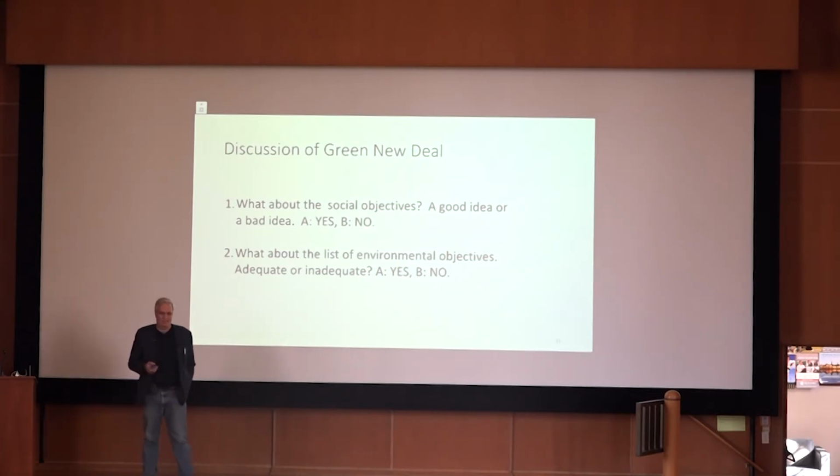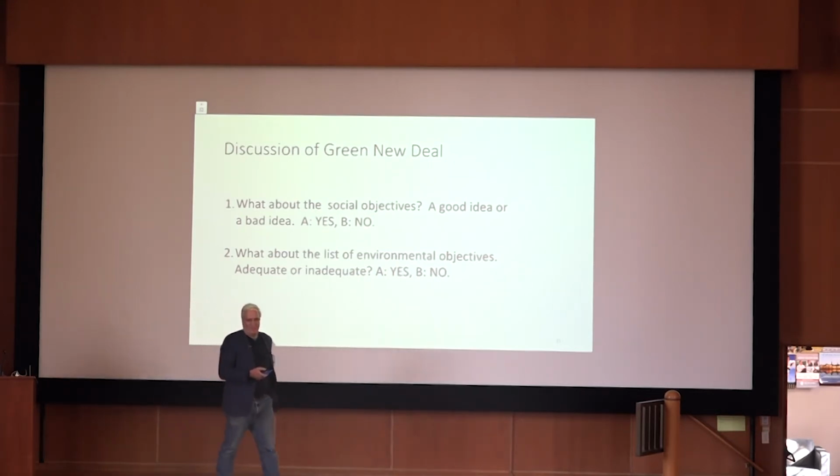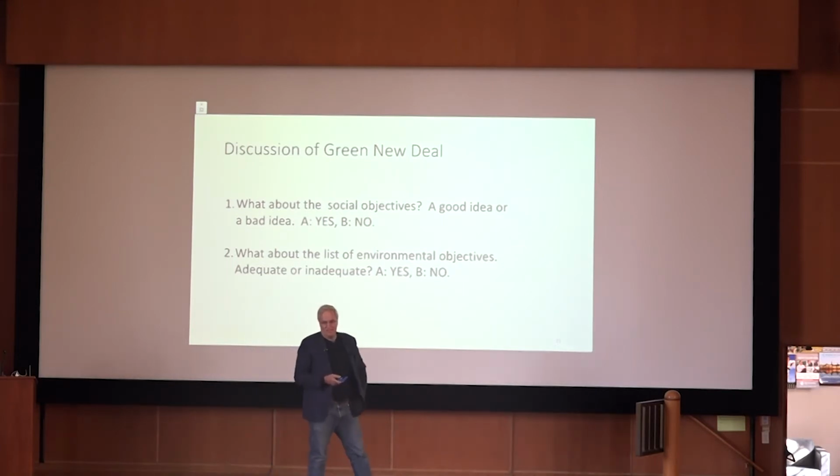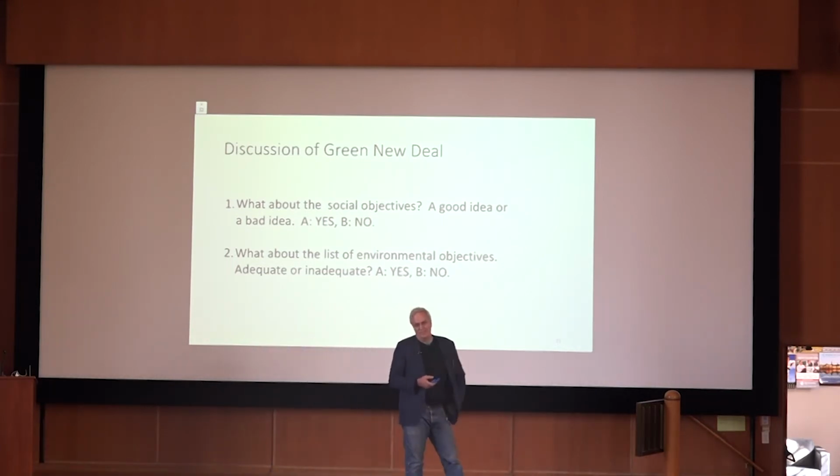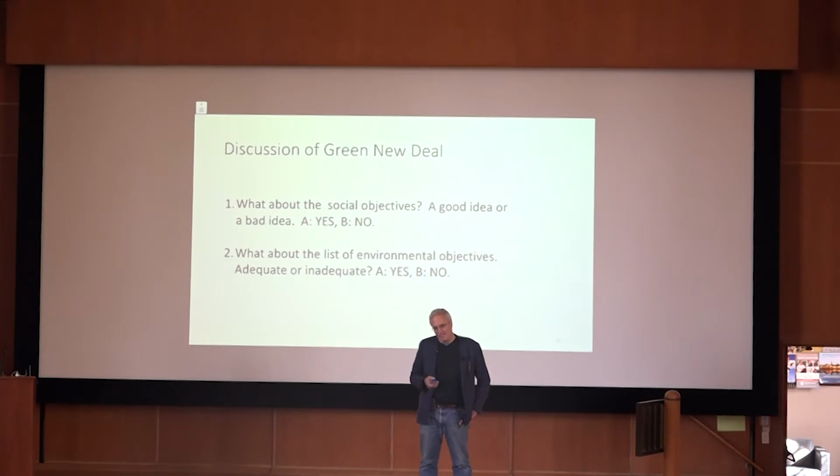Yeah, it might just be bad on a strategic level because you might not get a lot of support from the right if you put a lot of these progressive social things into it. Yeah.